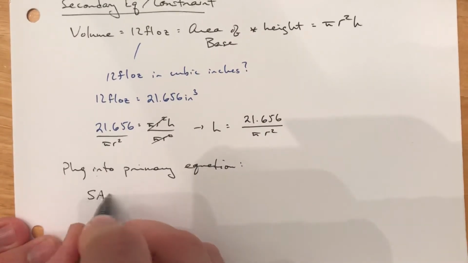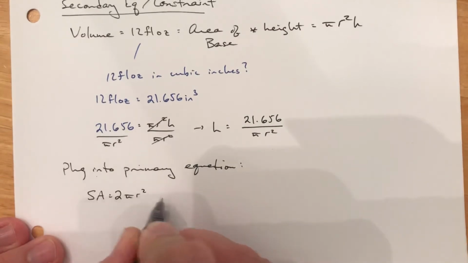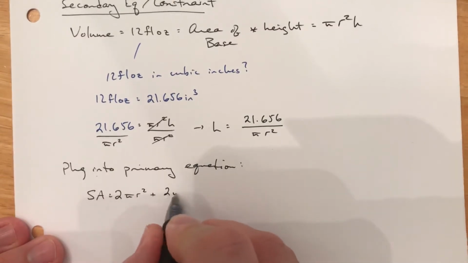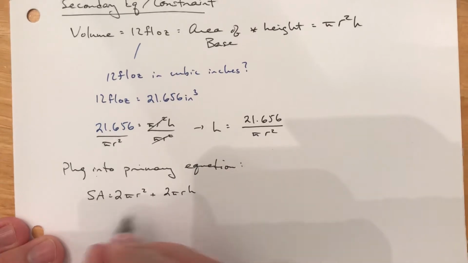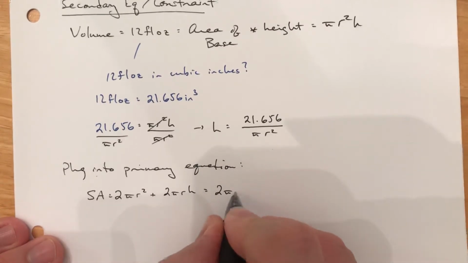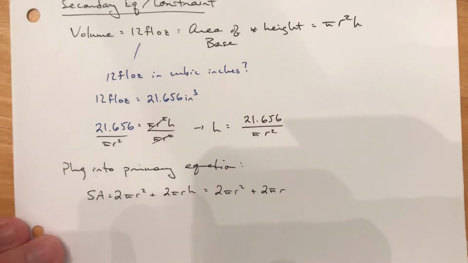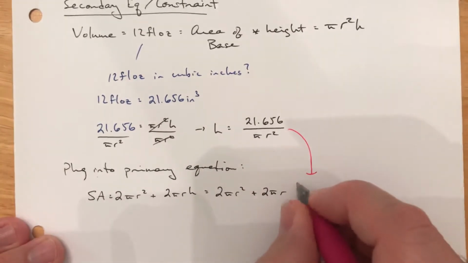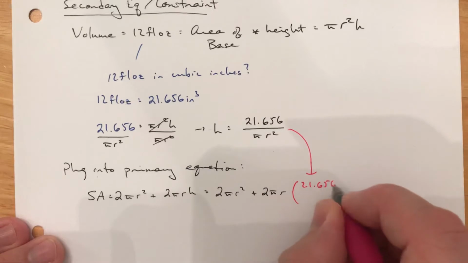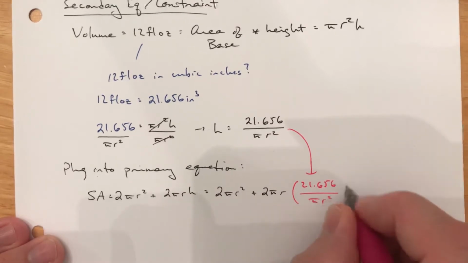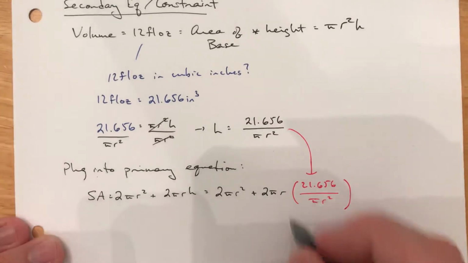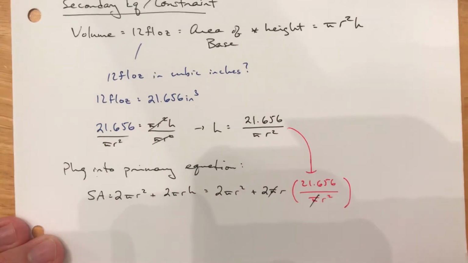We have surface area as 2 pi r squared plus 2 pi r h. That's 2 pi r squared plus 2 pi r times 21.656 over pi r squared. You can see here that the pi is going to cancel.